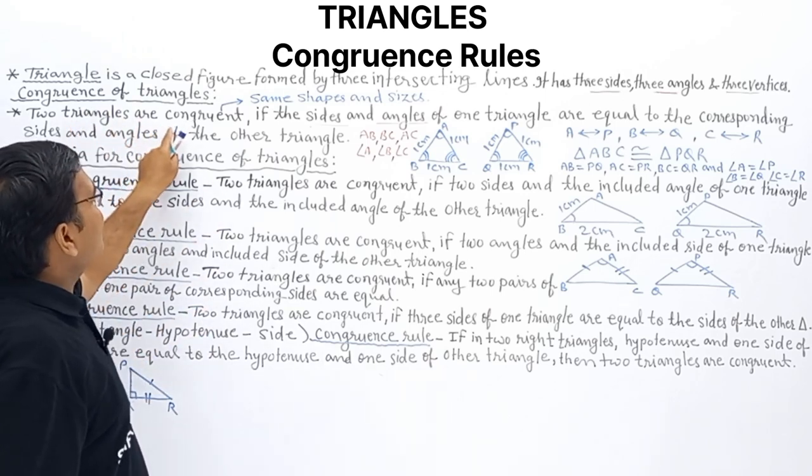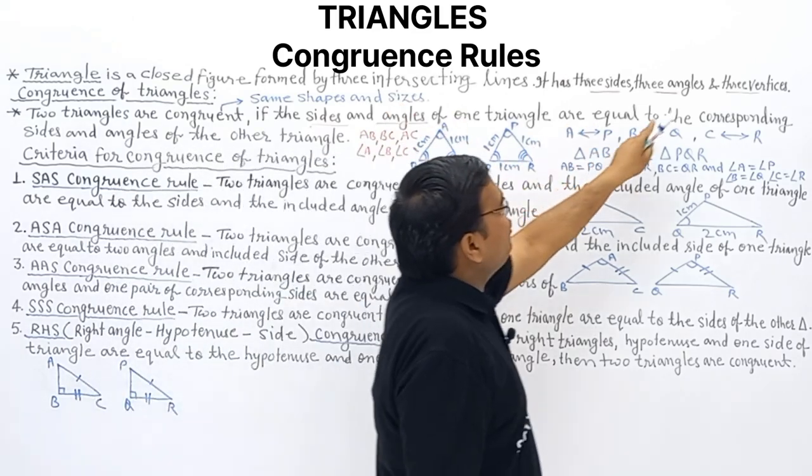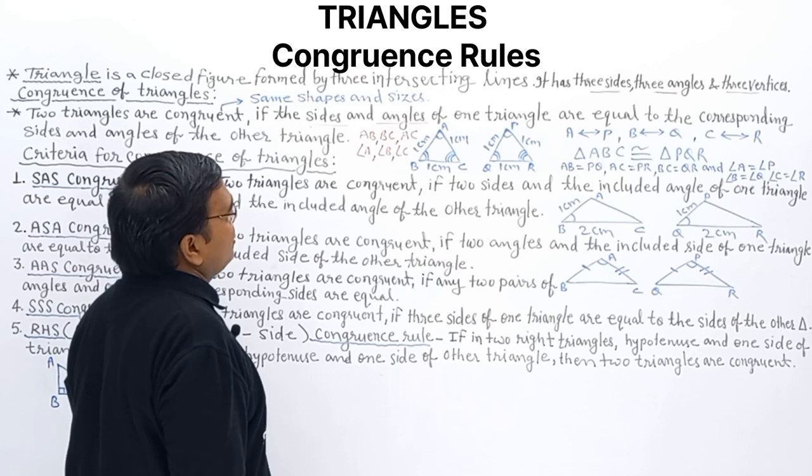So two triangles are congruent if the sides and angles of one triangle are equal to the corresponding sides and angles of the other.